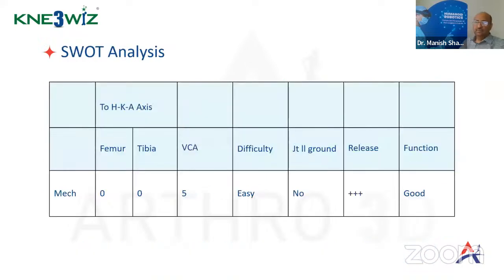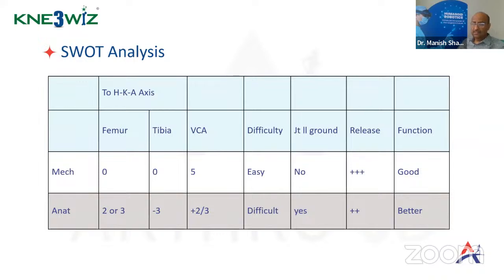If I were to look at the various alignments, the mechanical from the HKA is at 0, 0. With standard instruments, it's fairly easy to follow, but it does need some soft tissue releases, and the end function is good.